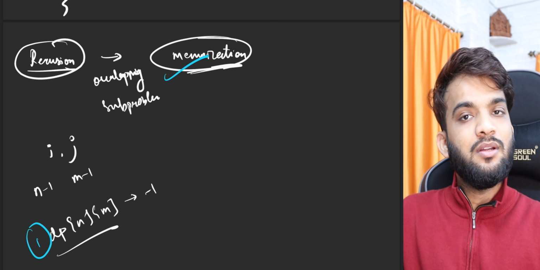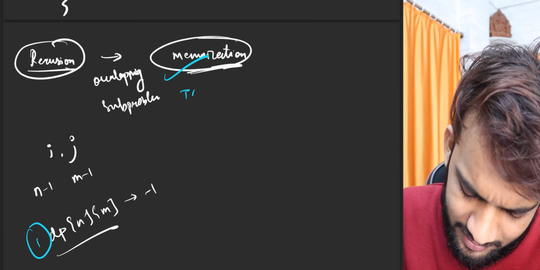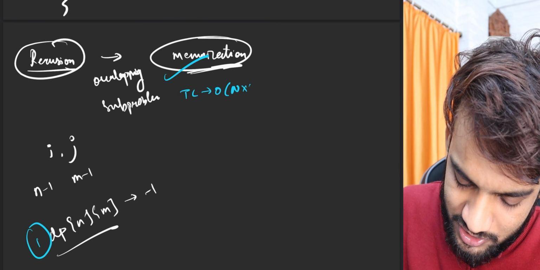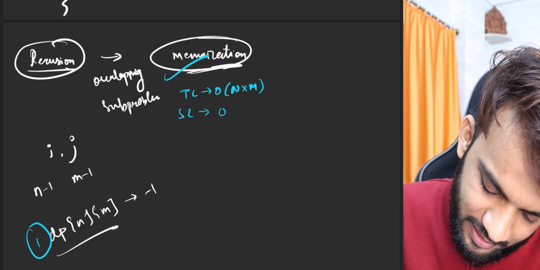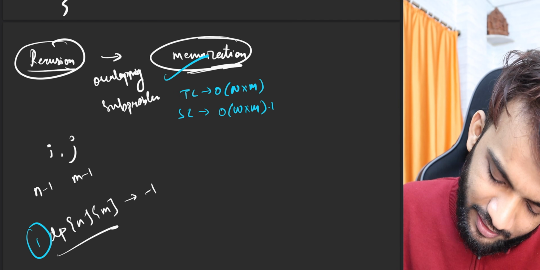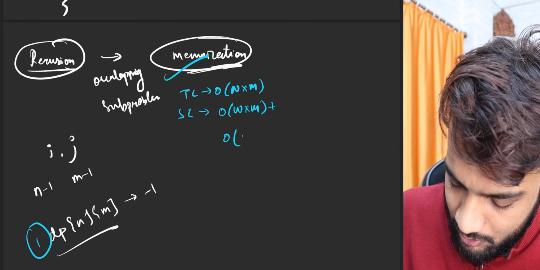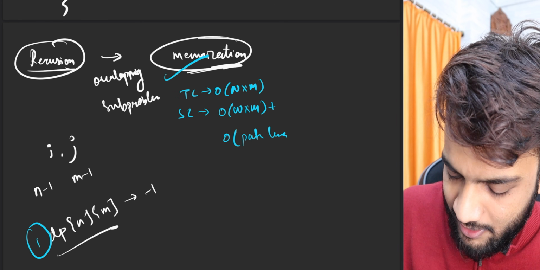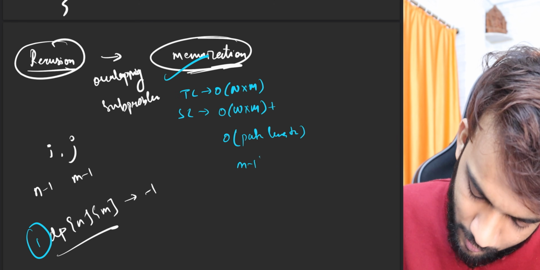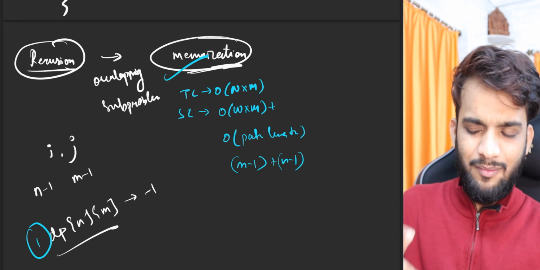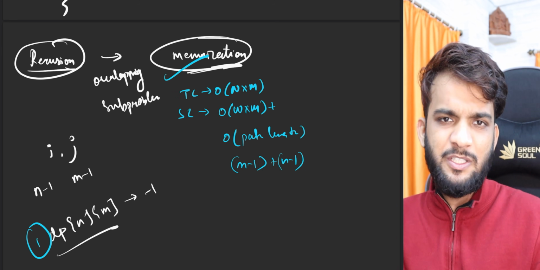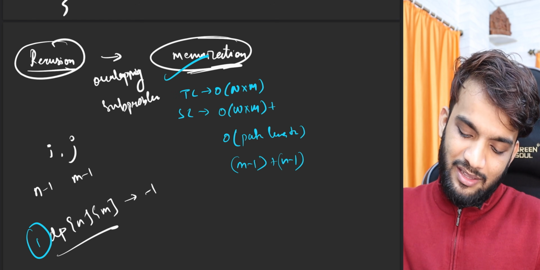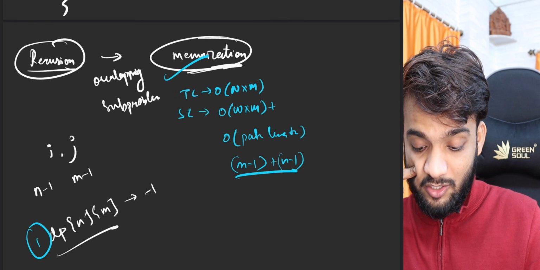Memoization has been done, and the time complexity is n cross m, the space complexity is n cross m, plus a recursion stack space of the path length. And what is the path length? It's m minus 1 plus n minus 1. Again, please watch our previous lectures.